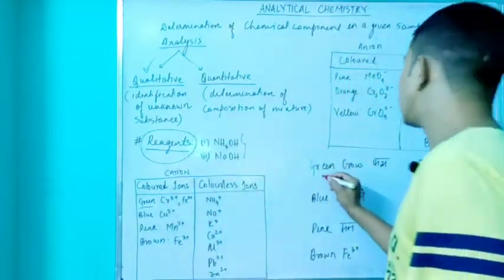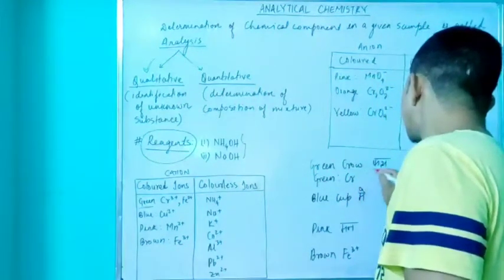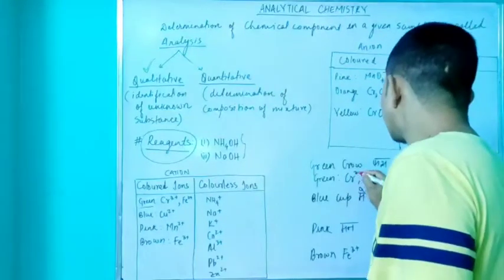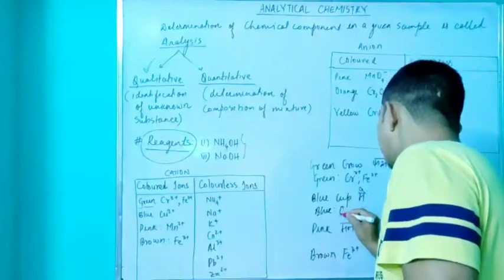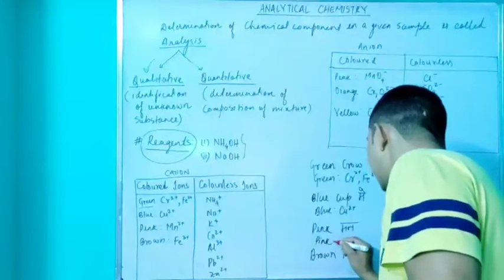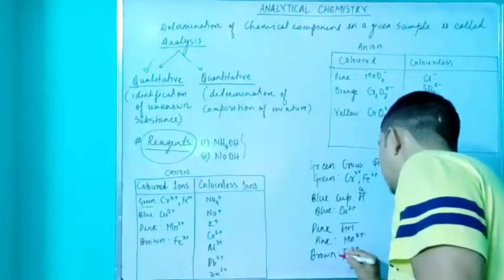The green represents the green color, crow represents chromium, Fasa represents Fe2+. Chromium is 3+. Blue represents blue, and cup represents Cu2+. Pink represents pink, and Mn represents manganese, Mn2+, and brown is ferric.